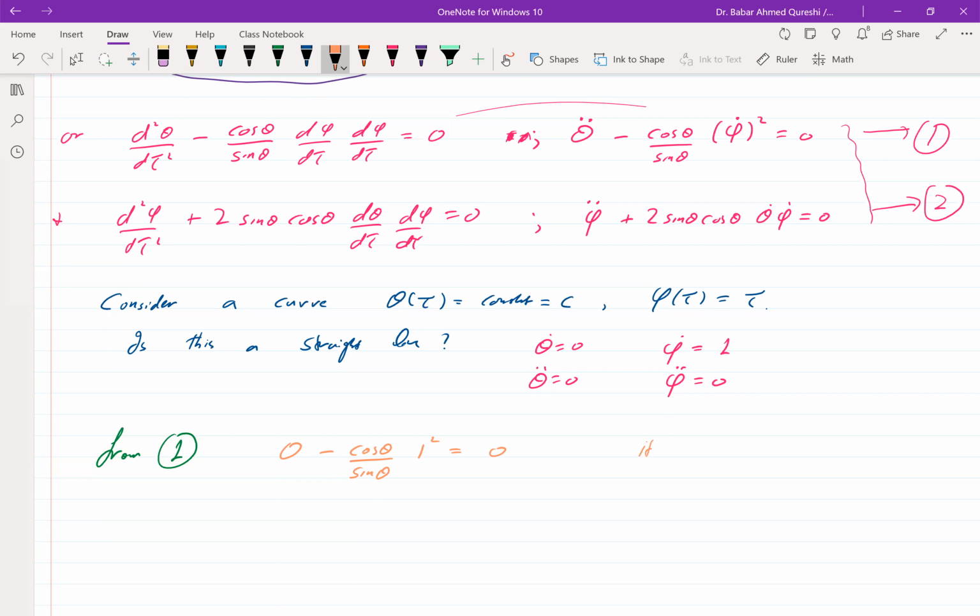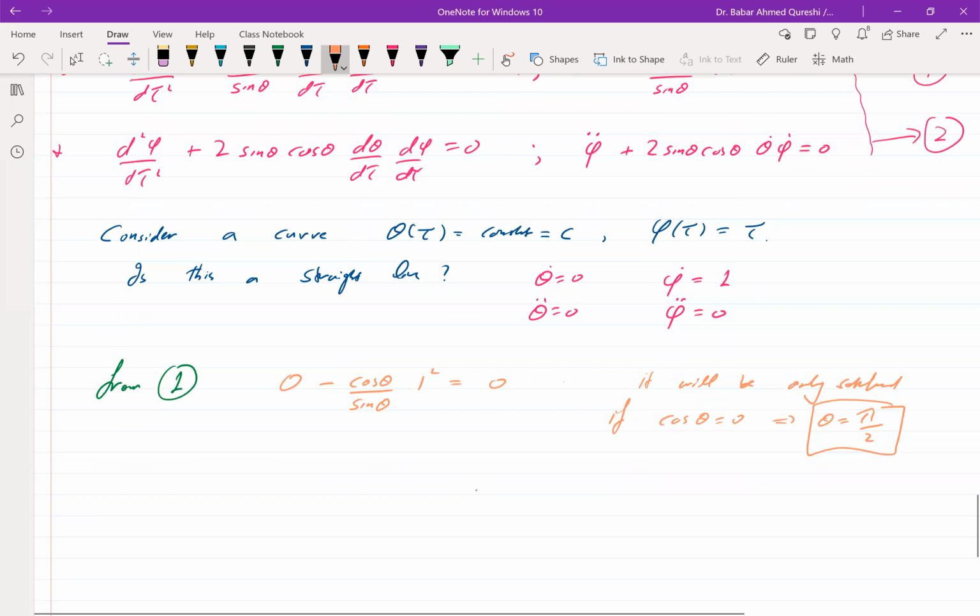It will be only satisfied if cosine theta is 0. That means theta is pi by 2. Sine pi by 2 would be 1, cosine pi by 2 would be 0, and then this equation would be satisfied.